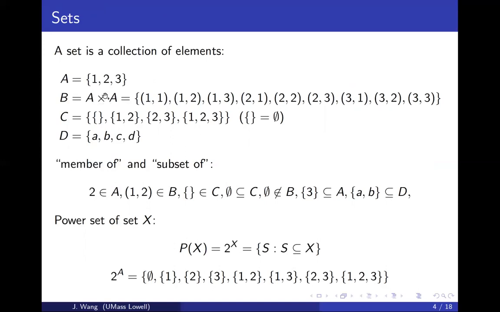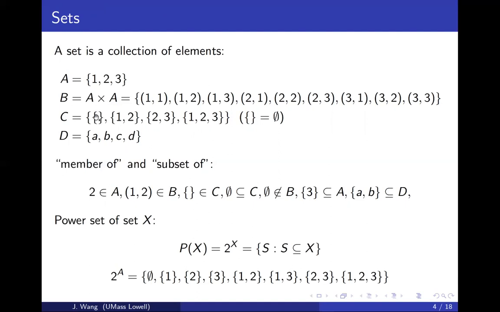So these are the elements: 1 and 1, 1 and 2, 1 and 3, and then 2 and 1, 2 and 2, 2 and 3, 3 and 1, 3 and 2, and 3 and 3. So you have altogether, in this case, 3 squared, which is equal to 9 elements.